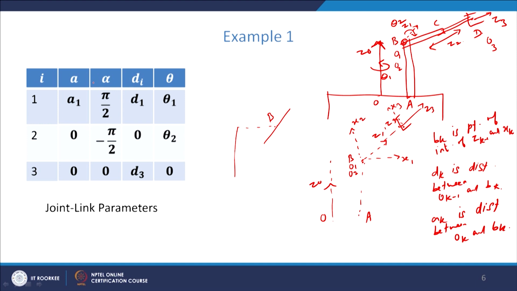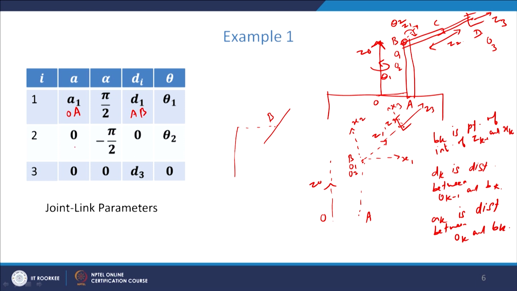So, we can easily see that the distance OA, this one, is A1, the point O to A, and A to B, that distance is D1.